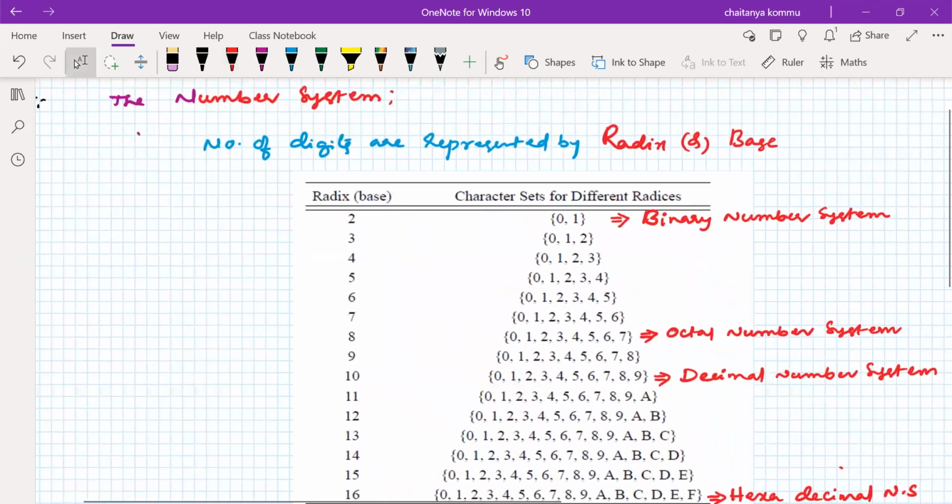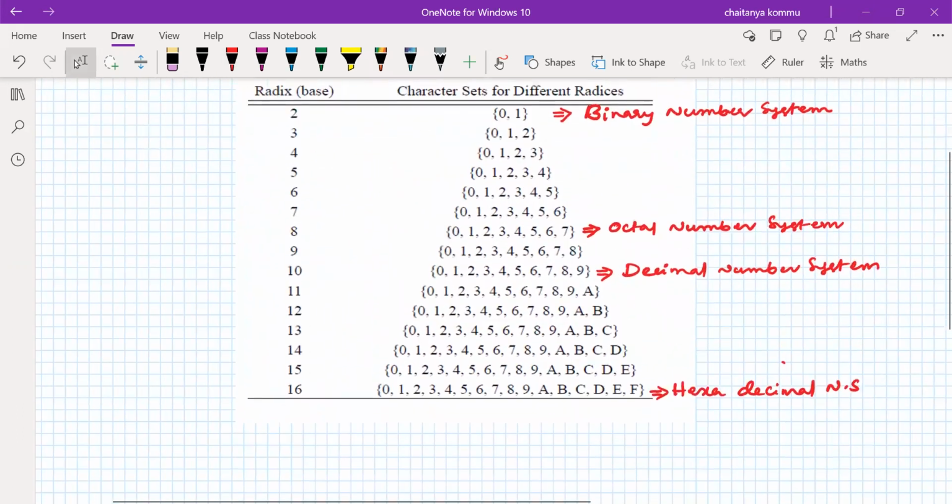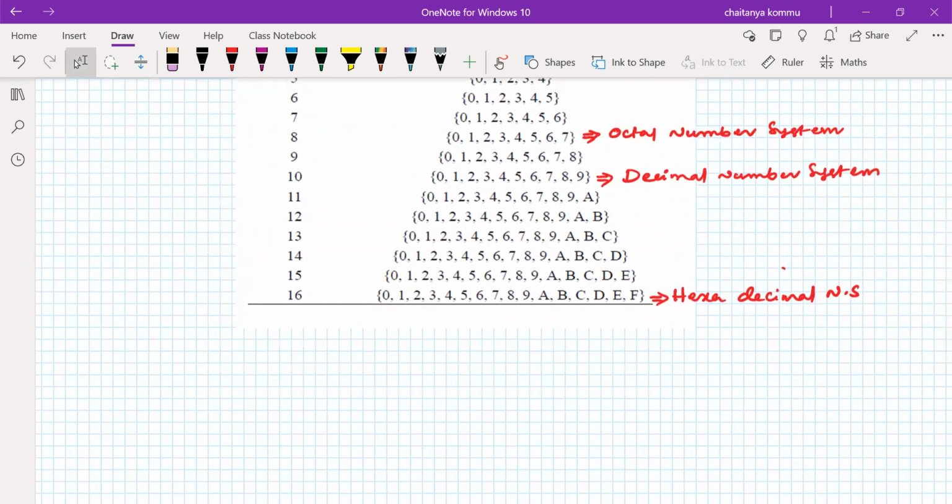Agreed? Today we would like to convert any number system into decimal. Whatever the radix you give, we want to convert it into decimal. Why? Because decimal number systems are easy for human beings to understand.